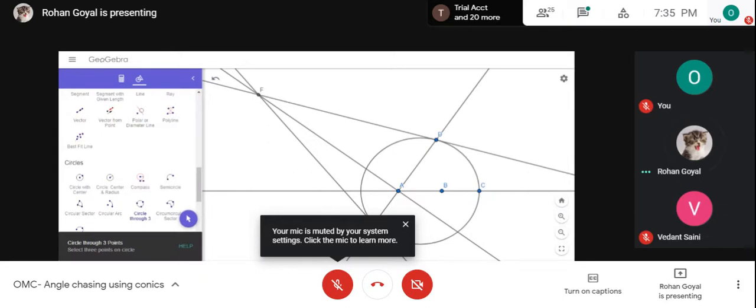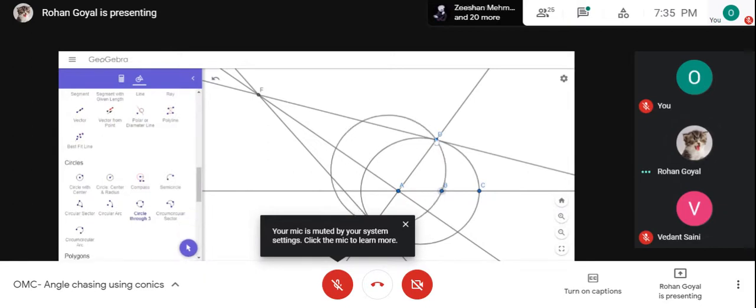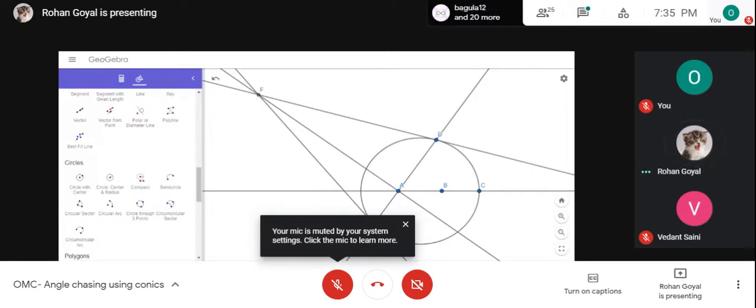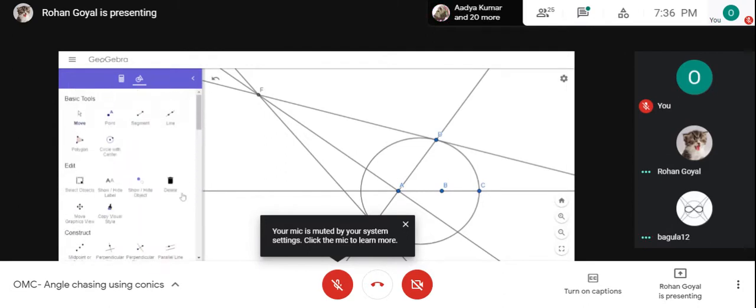Okay, let's see. Okay, I'll give it away. F is the B-excenter of BED, and A is the touch point of the excircle.